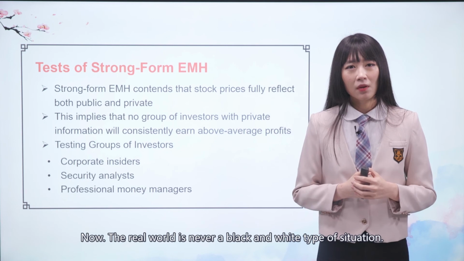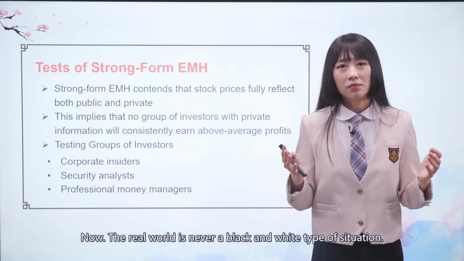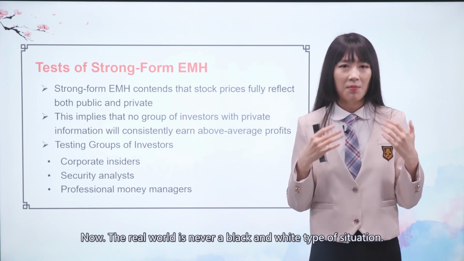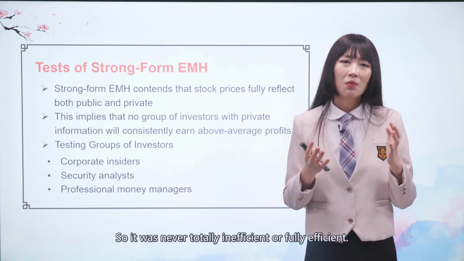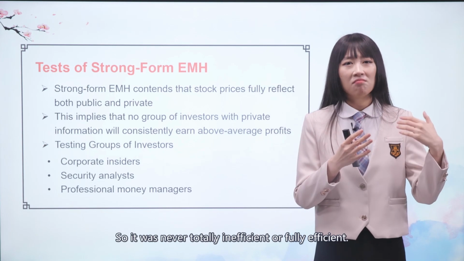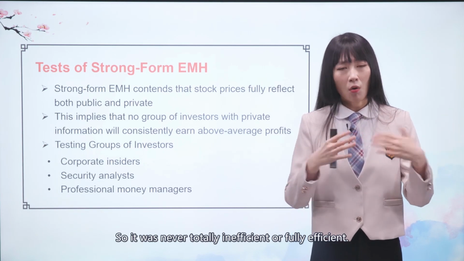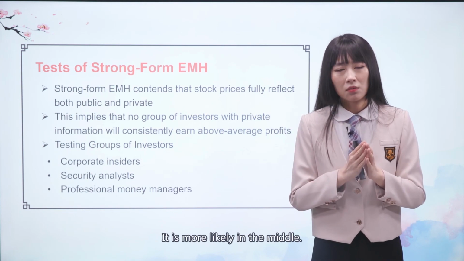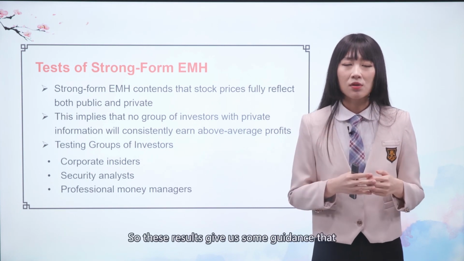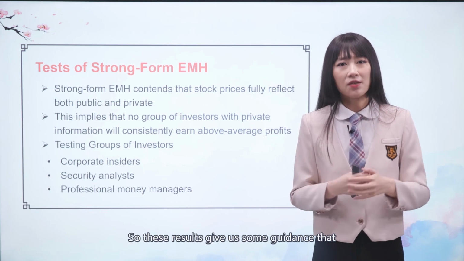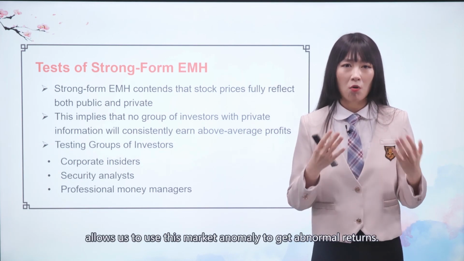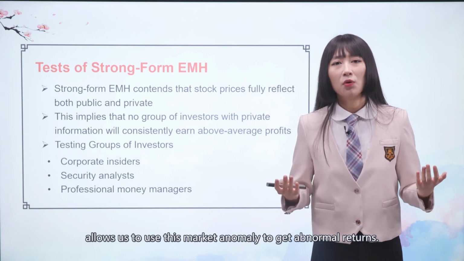Now, the real world is never a black and white type of situation. It is never totally inefficient or fully efficient. It is more likely in the middle. So this result gives us some guidance that allows us to use these market anomalies to get abnormal returns.